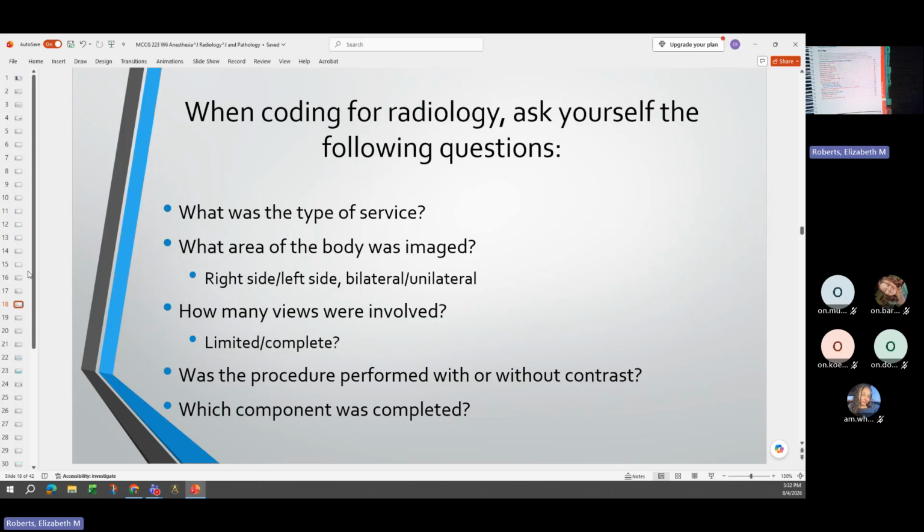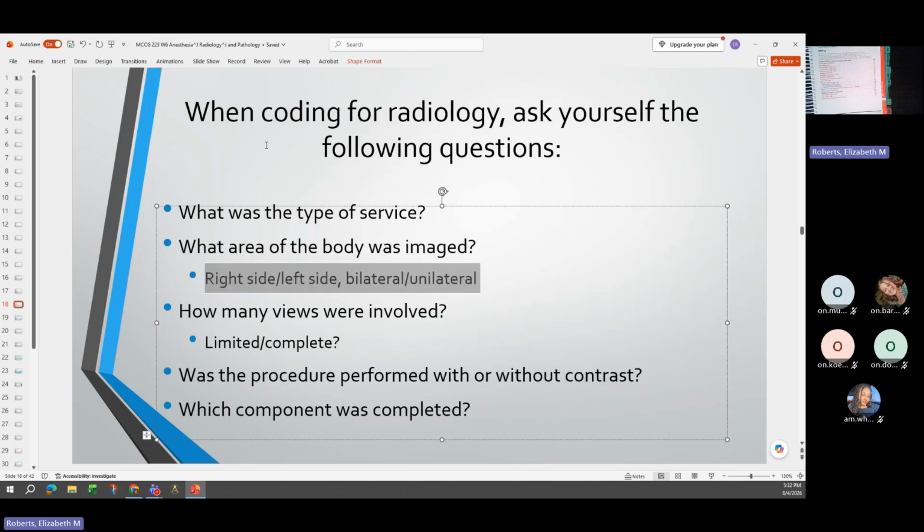Well, what are we taking pictures of? The whole body? Some of these codes do, like nuclear medicine. You can have a nuclear medicine study of the entire body, but more often than not, it's a very specific body part, right? The leg, the arm, the toes, the thumb, the abdomen, the pelvis, the chest. So what area of the body was imaged?